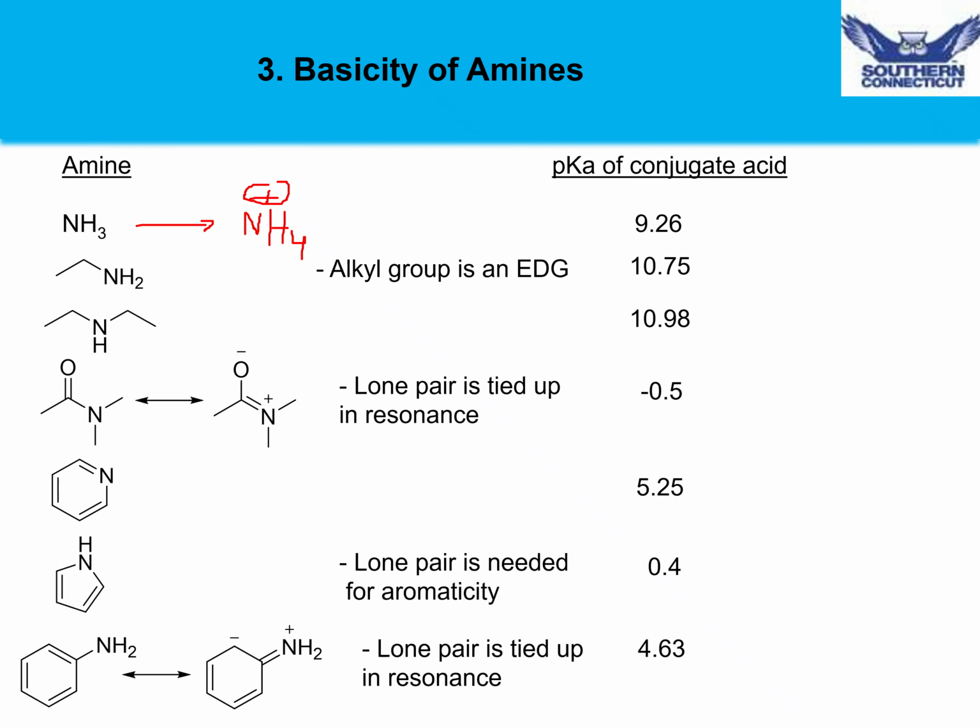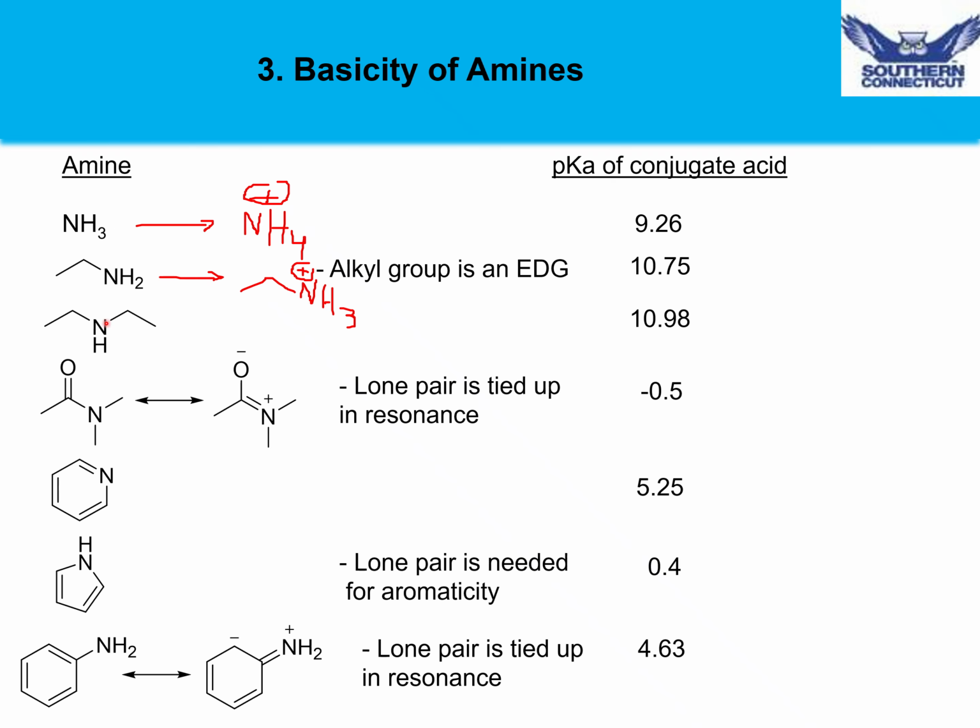So when ethylamine reacts with an acid, it will form the following conjugate acid. So NH3 plus an ethyl group will also have a positive charge on the nitrogen. This ethyl group is an electron donating group, so it helps to stabilize the positive charge on the nitrogen. It makes this reaction more likely compared to the reaction with ammonia.